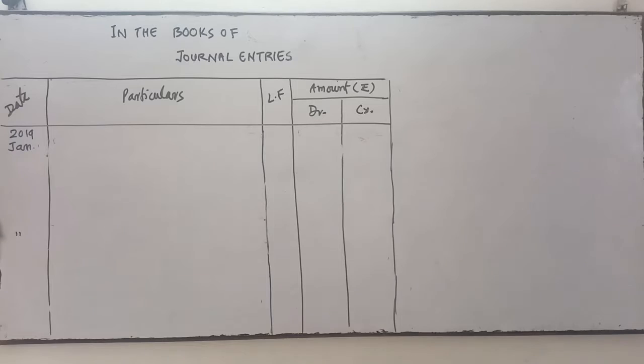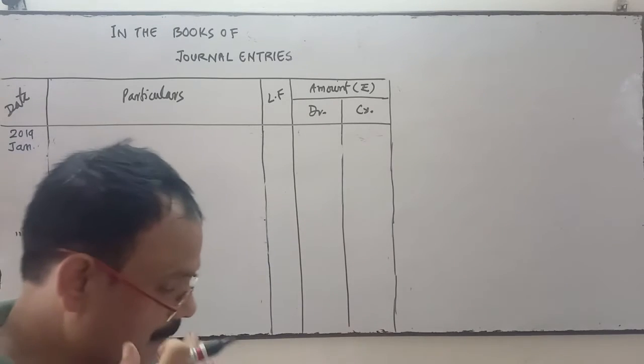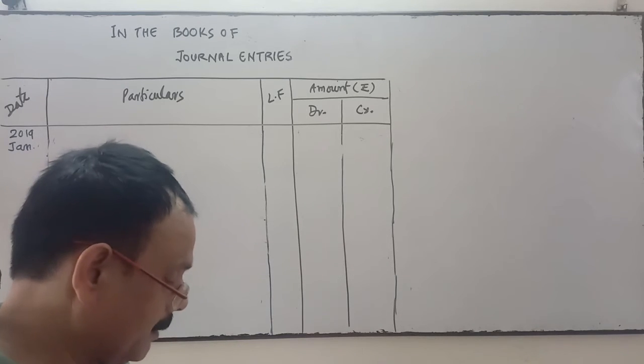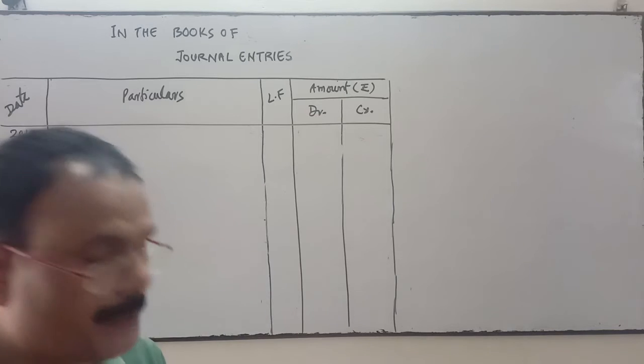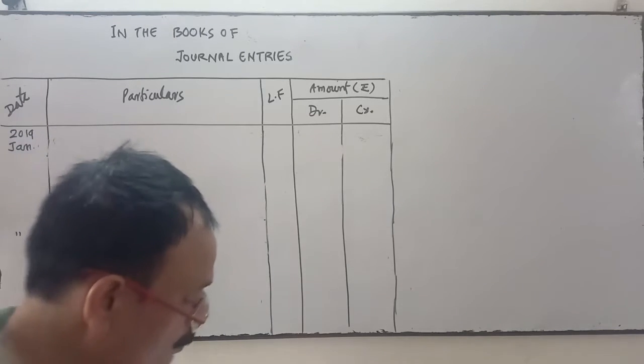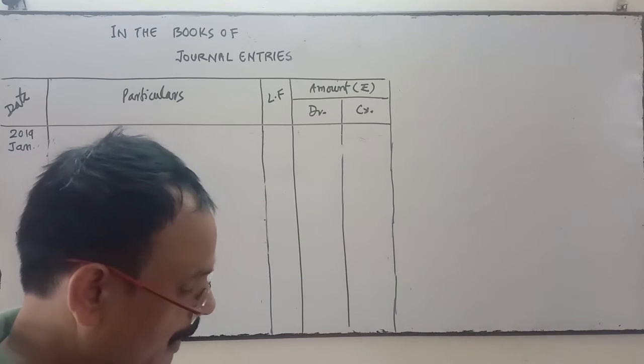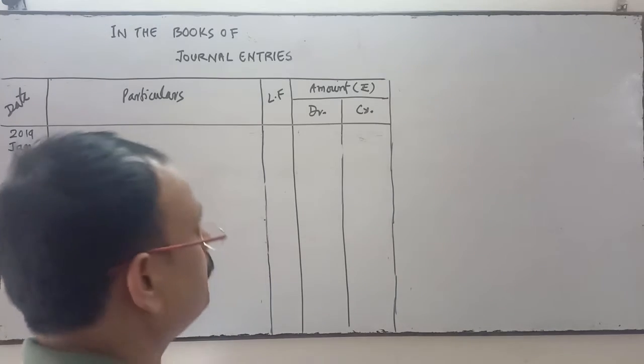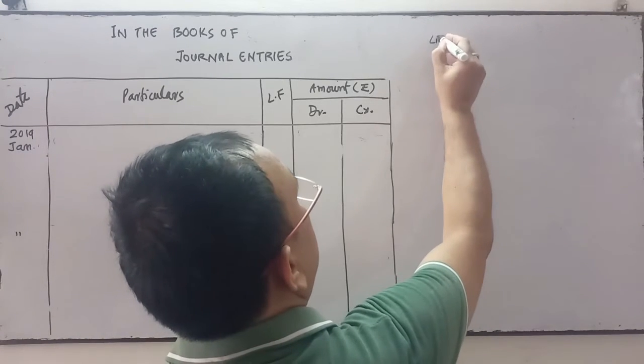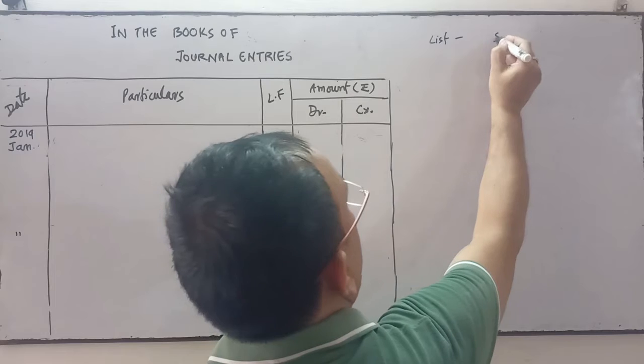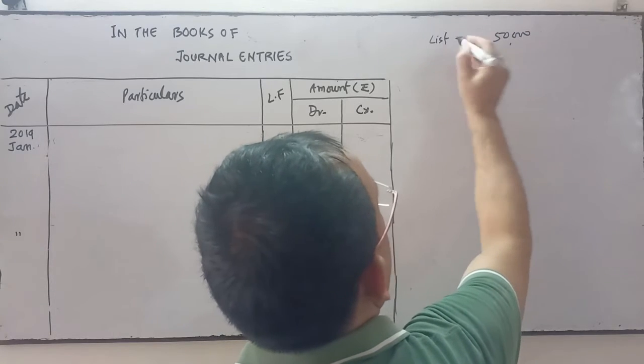Now see the transaction of January 18. Sold goods to Cipra at a list price of rupees 50,000. List price of the goods which is sold is 50,000. It's a list price.